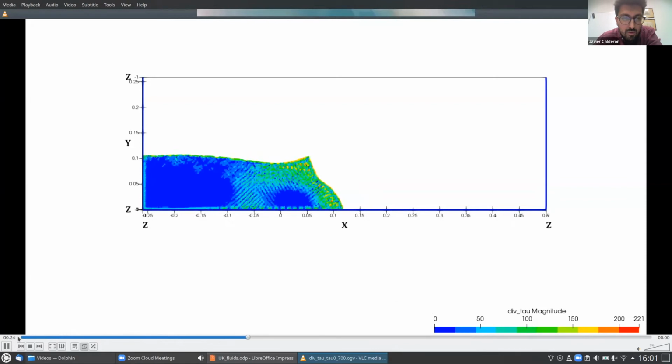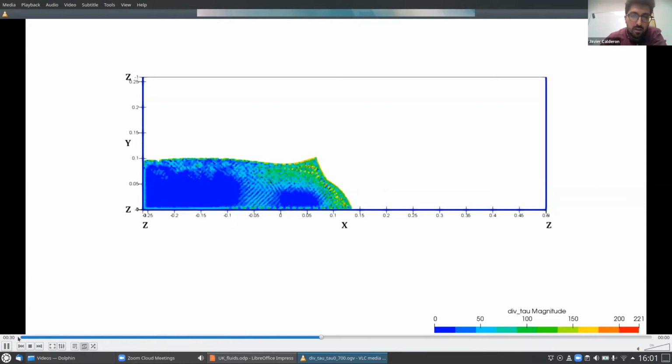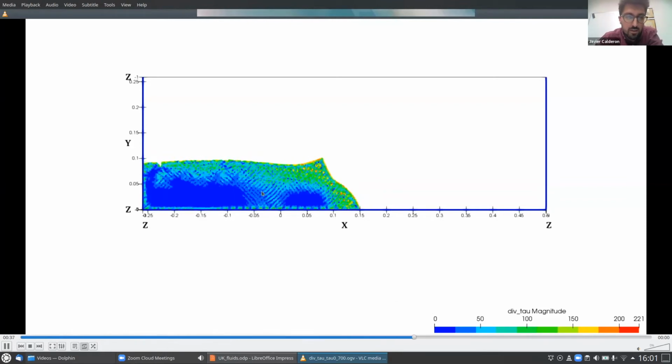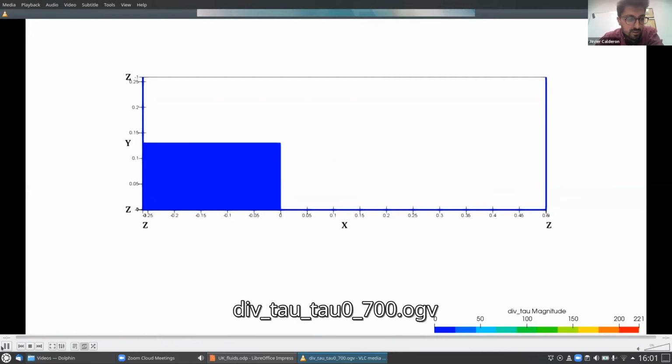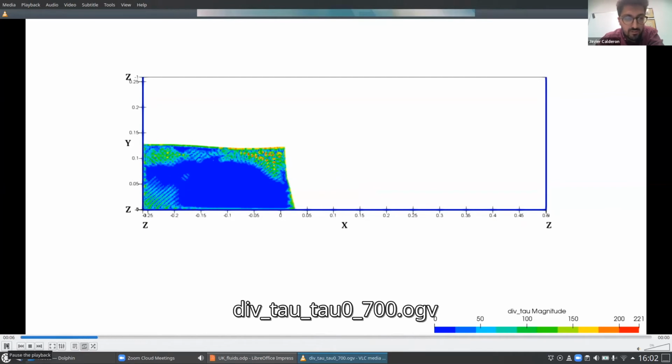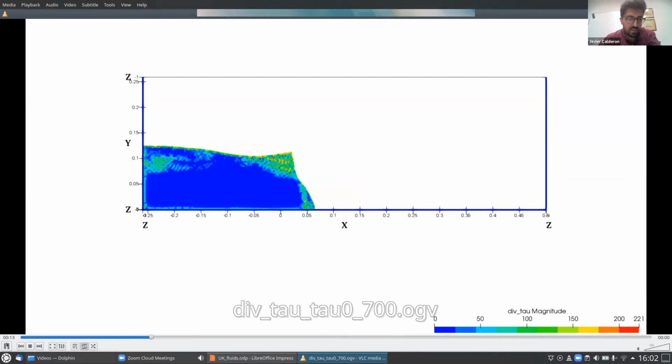So with this, you can see the differences in the behavior of the same model with different values only for the yield stress.